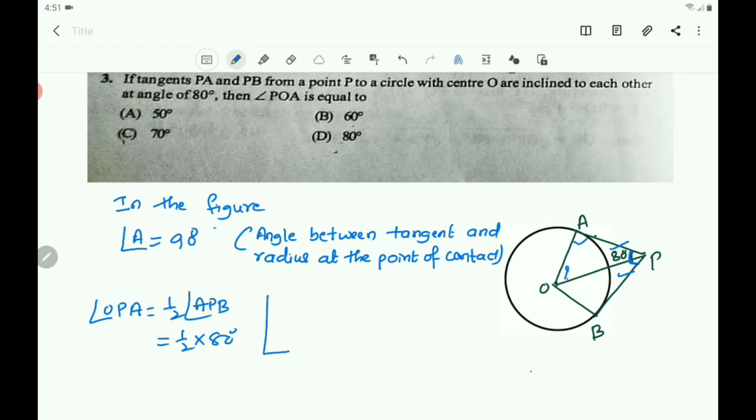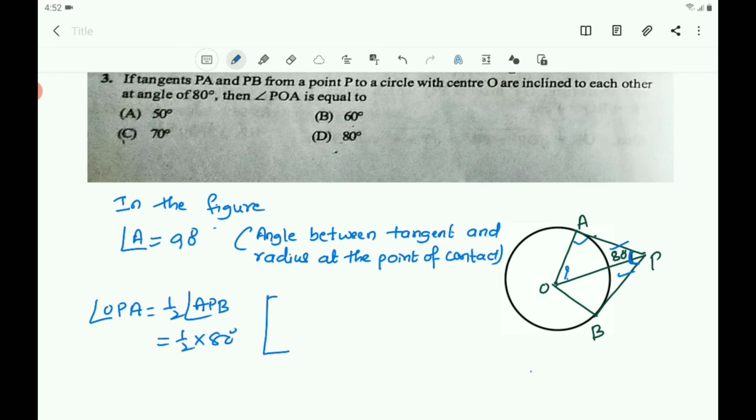So the reason here: the line joining the center and the external point subtends equal angles at the center, and they are equally inclined to the line joining the center and the external point. Here the tangents are equally inclined to the line joining the center and the external point, that is OP.